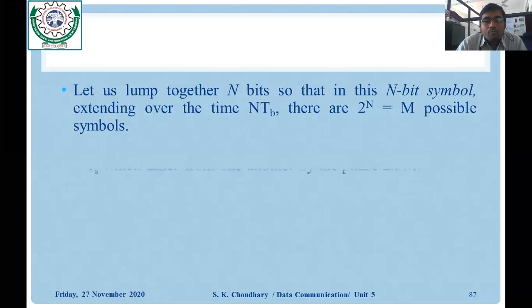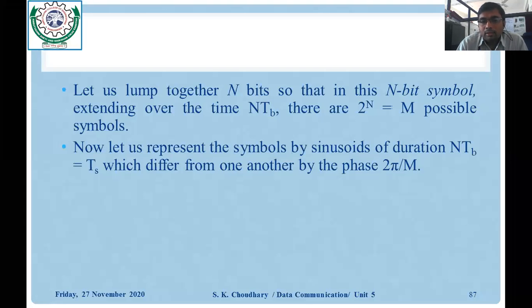Now let us represent the symbols by a sinusoid of duration n TB, which is equivalent to the symbol period, that is TS.